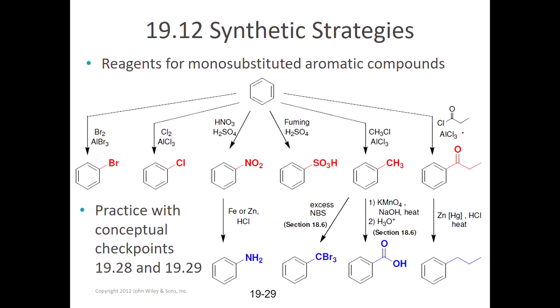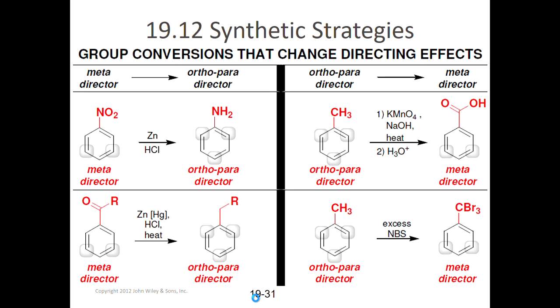So what we saw over here is going to allow us to do that. This reaction right here is the key to solving this. The nitro group's a meta director. It can be used to install something meta, and then these conditions can be used to convert it into an amine, and that's also shown over here. Right, so this is a common theme.